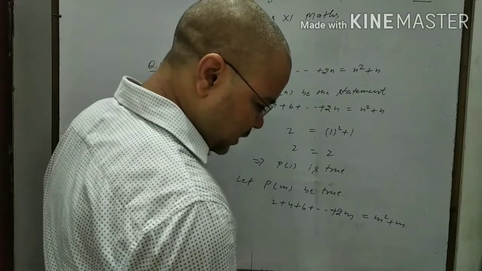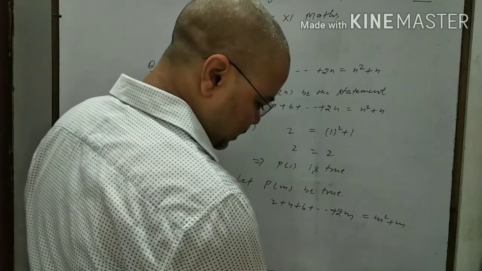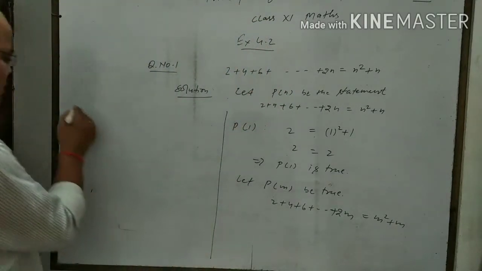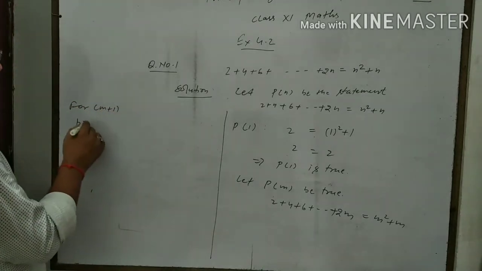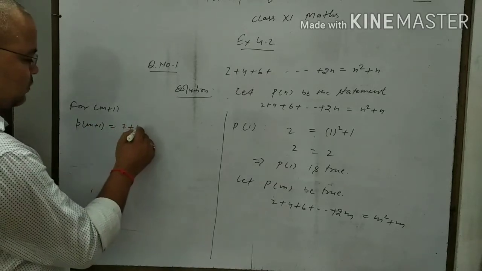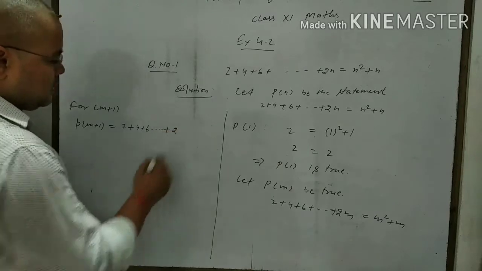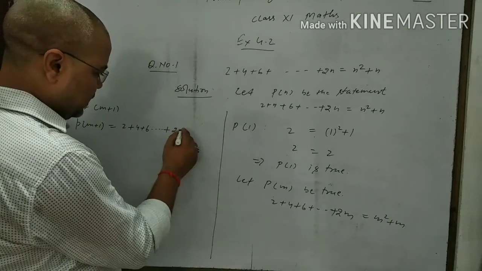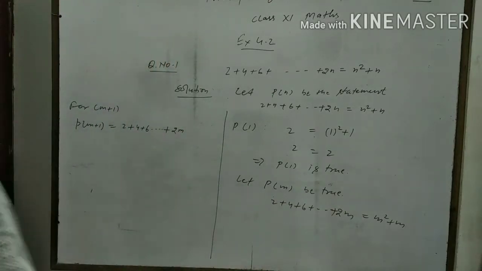Now we should prove that this is also true for m plus 1. So now for m plus 1, Pm plus 1 is equal to 2 plus 4 plus 6 plus up to 2m, just before this value will be 2m.